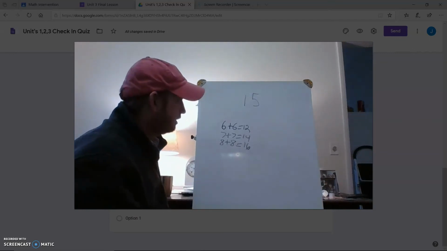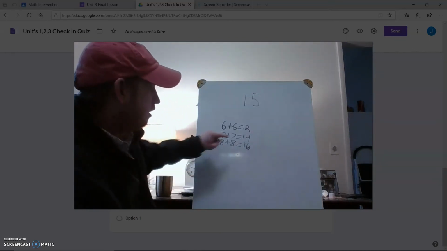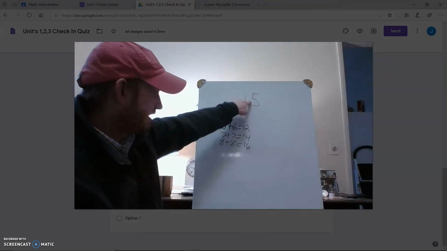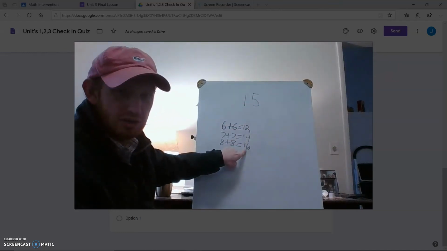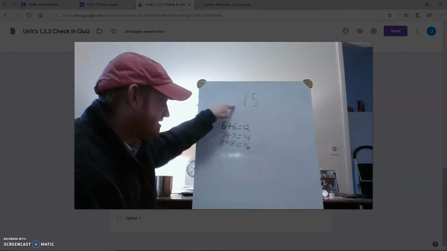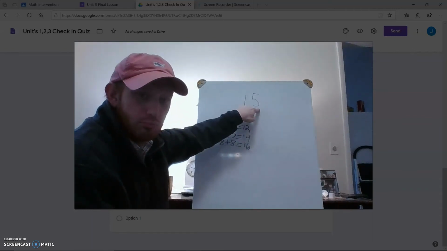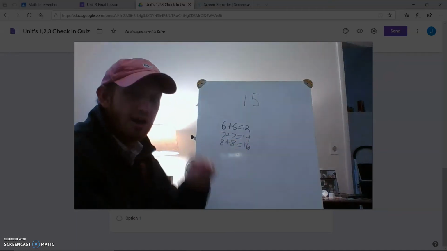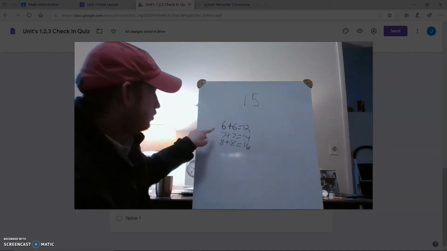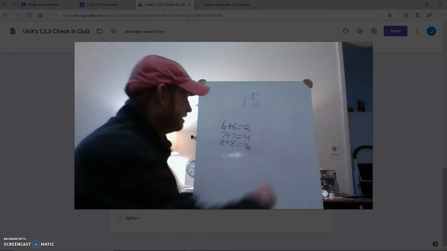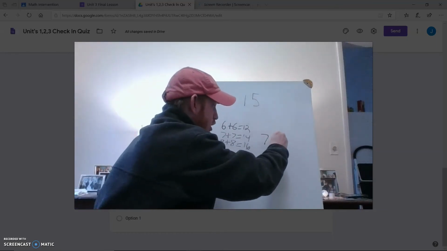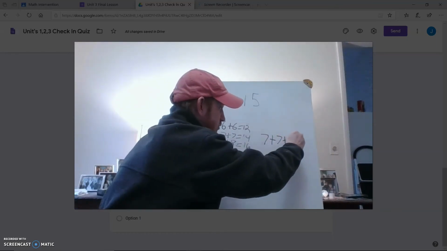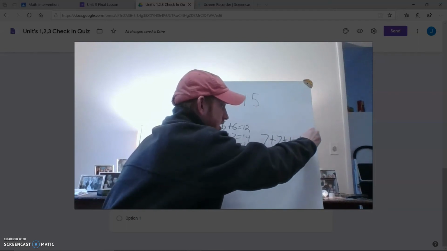And the first thing I notice is that it would be 14, 15, 16. So there's no doubles facts that makes 15, but there is a doubles plus 1, because if you counted 14, 15. So 7 plus 7 is 14. 7 plus 7 plus 1 is 15.